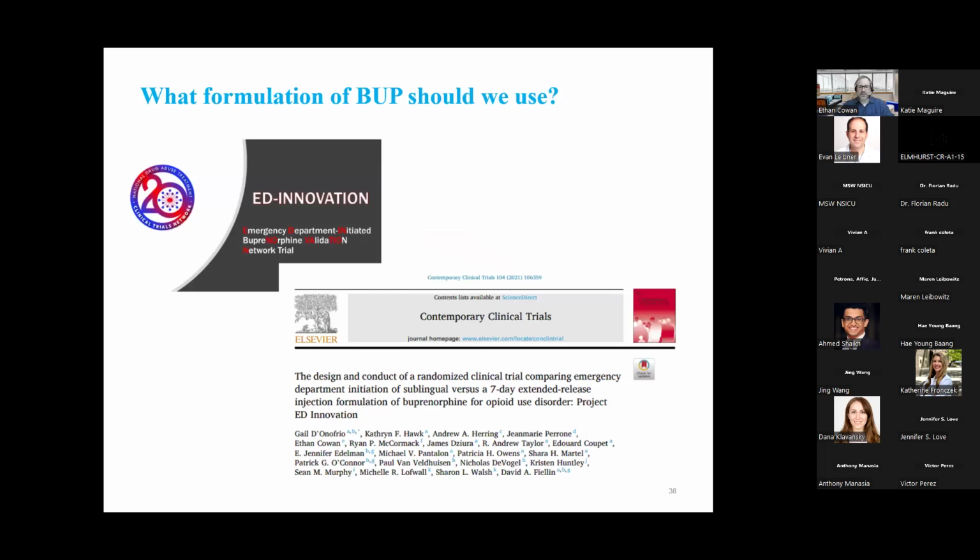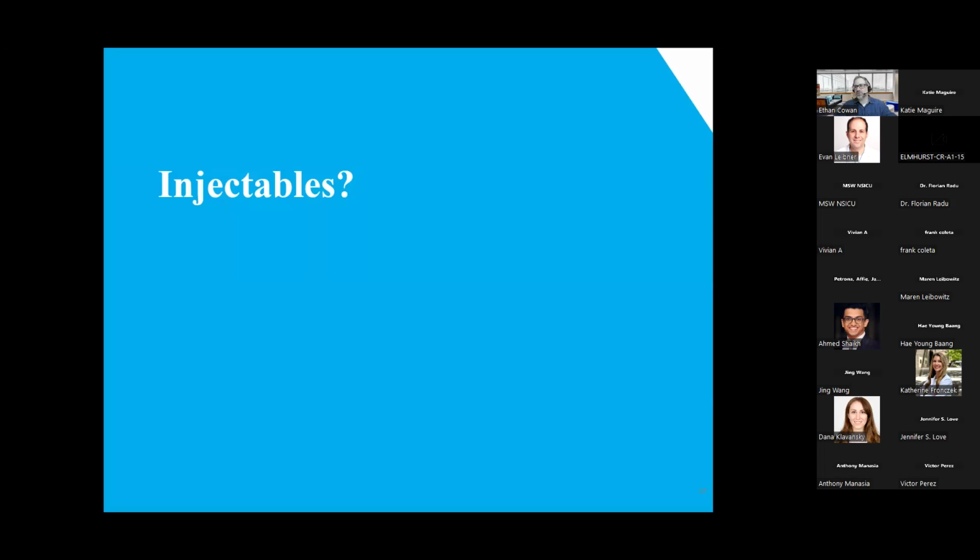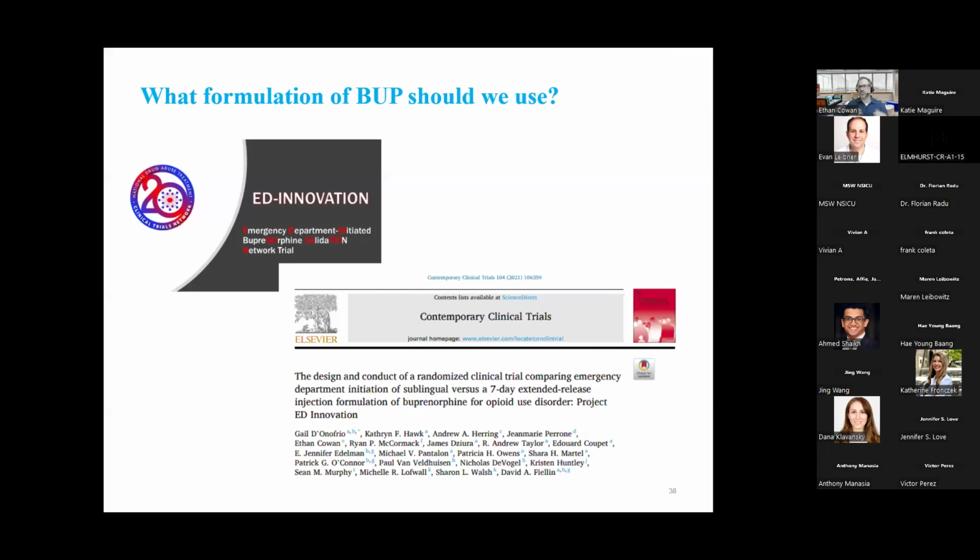Okay, the last thing that I'm going to talk about, this is probably the most exciting thing coming down the pipe for treatment initiation, both inpatient and outpatient: long-acting injectables. And this is what we're actually studying right now in this really large randomized controlled trial. I'm part of this NIDA-funded study called ED Innovation, which is a type 1 hybrid implementation effectiveness study.